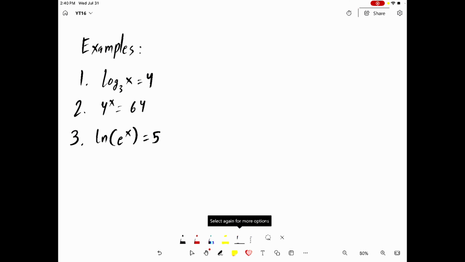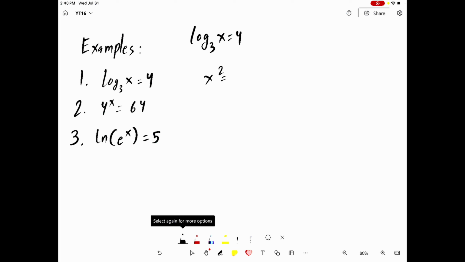Today we have 3 examples. In each of them, we're going to be solving for x. Our first example is logarithm base 3 of x is equal to 4. Let's say we wanted to find out x squared is equal to 4. We would take the square root of both sides and find out that x is equal to either positive or negative 2.